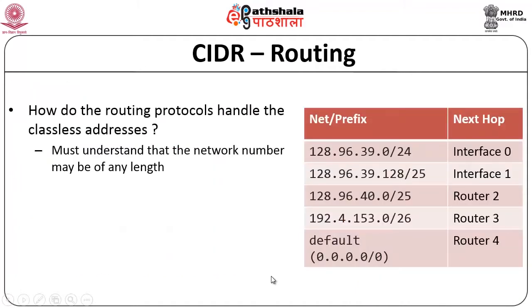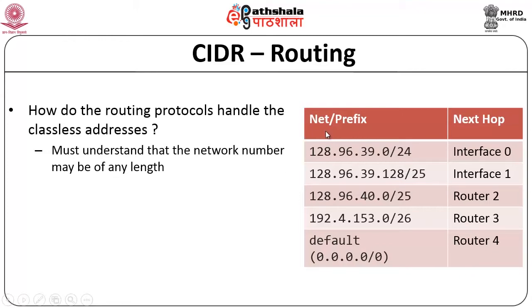Okay. So, now let us look at how the routing will become different once you have this kind of CIDR based addressing. When you have CIDR based addressing, what we require the routers to understand is that they have to know how to handle these classless addresses. To handle the classless addresses, it must understand the network number, and it must understand that the network number can be of any length. So, in your routing table, you will actually have this kind of information.